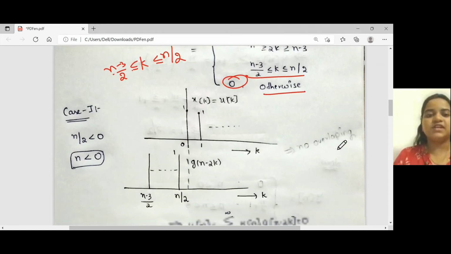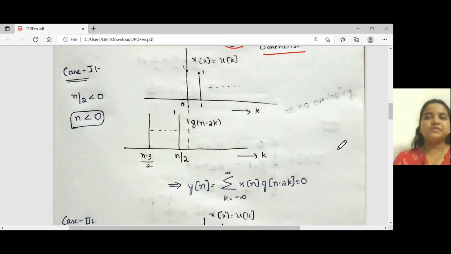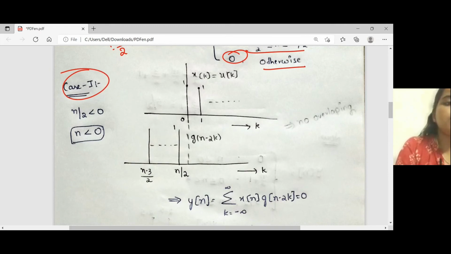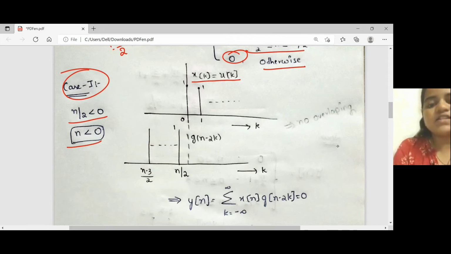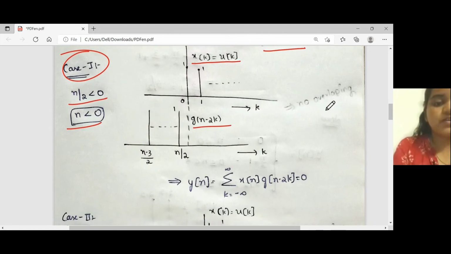Now let's plot the graphs to see whether the graphs will overlap or not. In case 1, we see that n by 2 is less than 0, where n is less than 0. After plotting the graphs of x of k and z of n minus 2k, we will see that the values should be less than 0, meaning n by 2 should be less than 0.